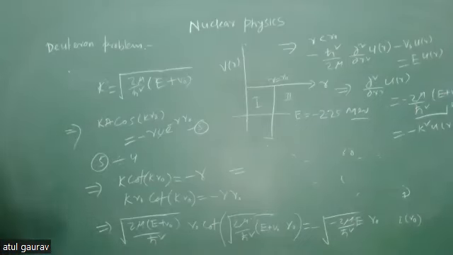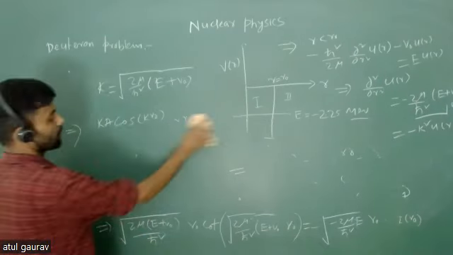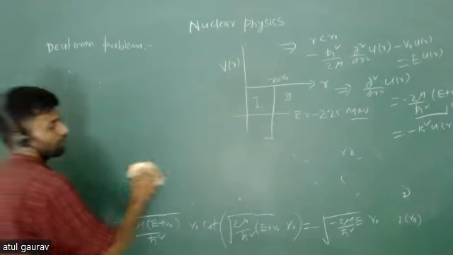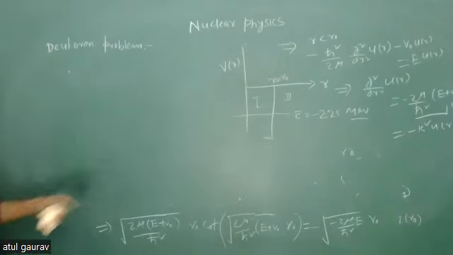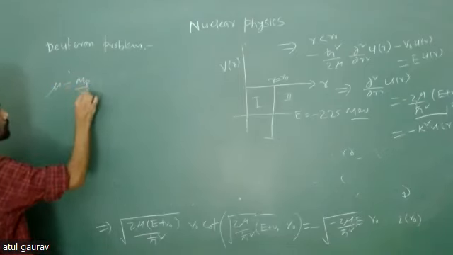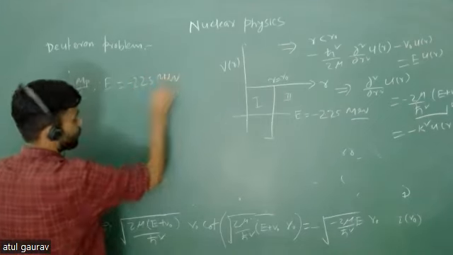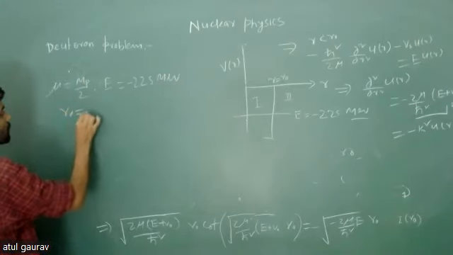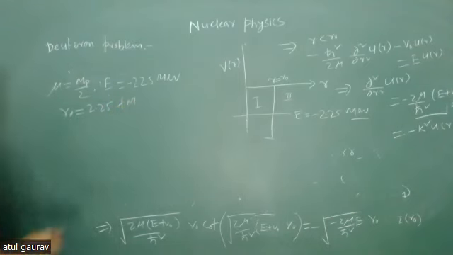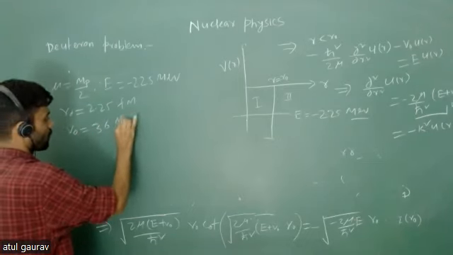You can solve it mathematically in Mathematica or any computational tool. Substituting the values, you will get V0 equals 36 mega electron volt.